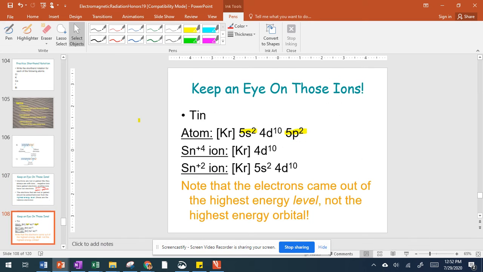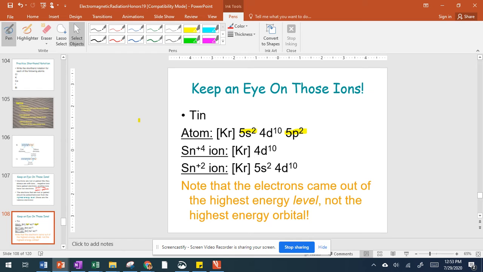So let's go to the next slide. What I have here is a tin ion. I have highlighted the valence electrons, and what I want you to notice is when we form the plus 1 ion, we're taking away those valence electrons to form just krypton 4d10. When we form the plus 2 ion, we are taking away electrons from the 5p because that's a slightly higher energy than the 5s.